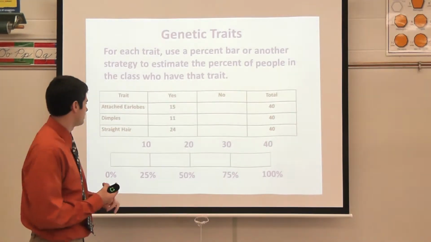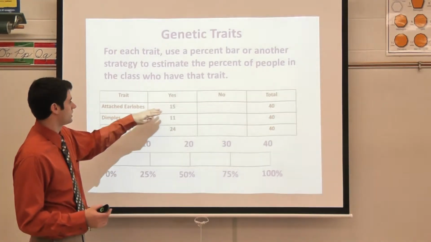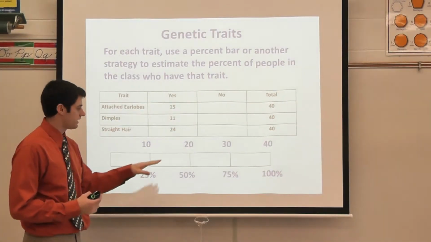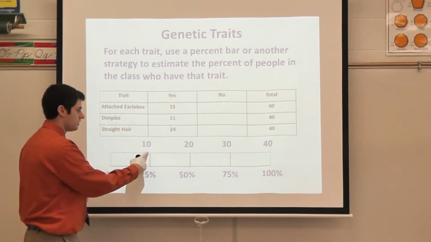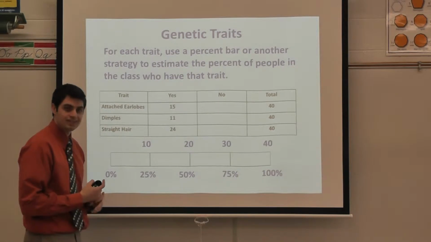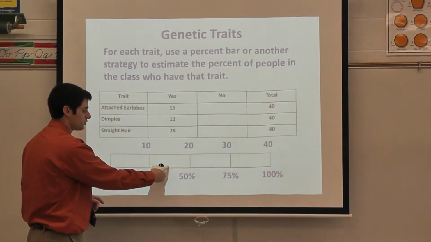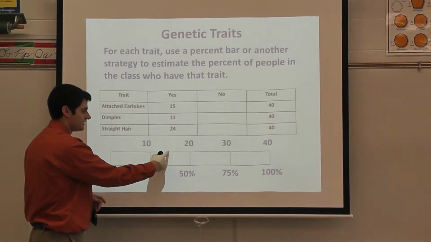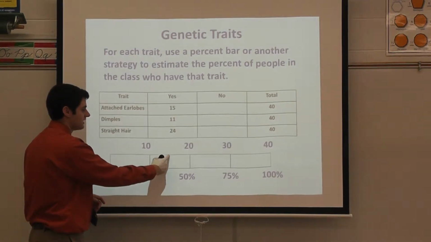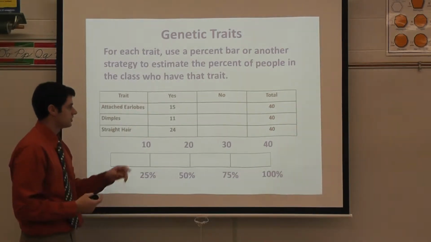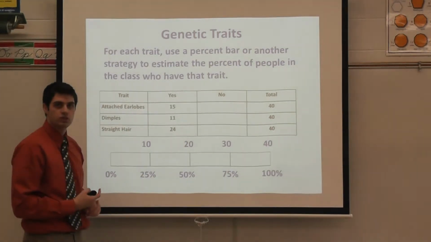Now I can make my estimations. If I looked at attached earlobes, I know that it's 15 students out of the 40. Looking at my chart here, I know that it has to be between 10 and 20. I also know that the halfway point between 10 and 20 is 15. So I can estimate that I would shade in up to this point on my fraction bar to show the attached earlobes of the students.